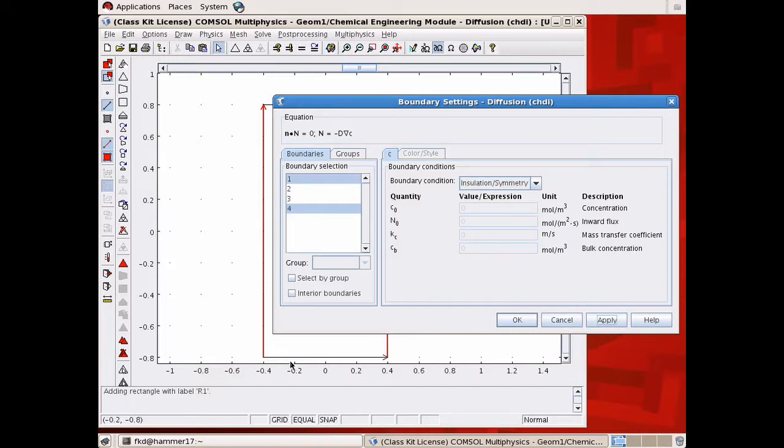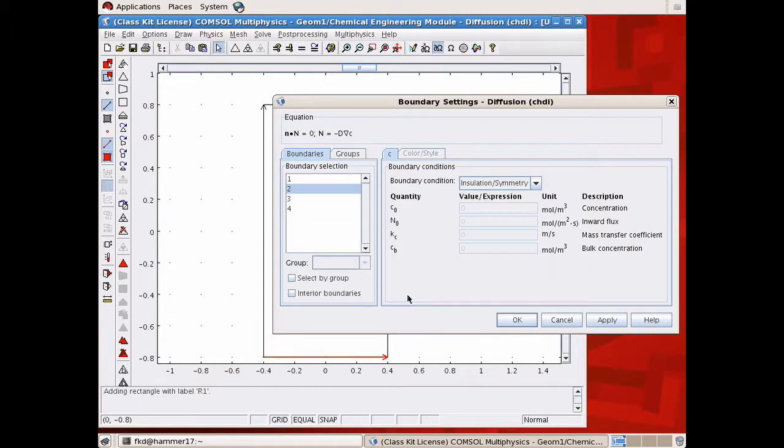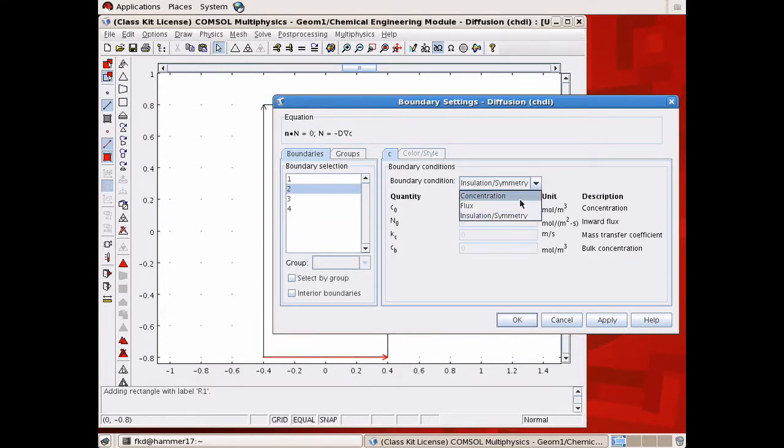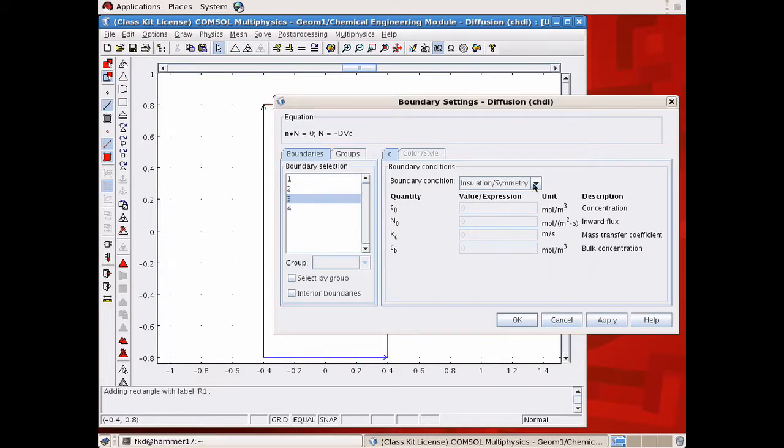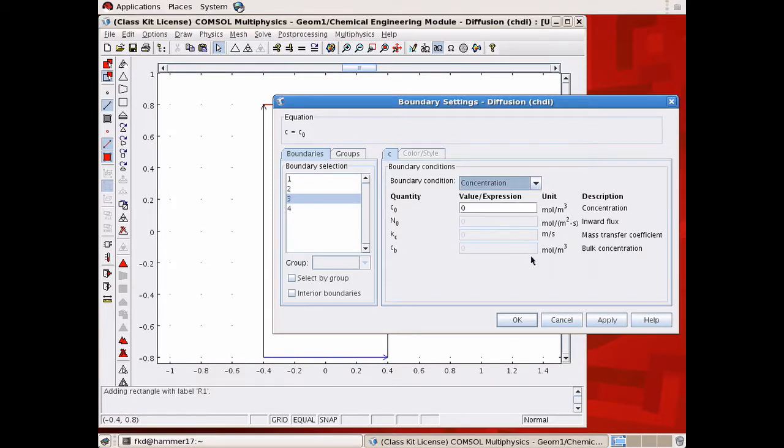The boundary condition on the bottom we'll set to concentration, which is the same as head. Our particular magnitude of that head was 1, right? At the bottom. And on the top boundary, which is this one here, we will put a head of 0. Okay.